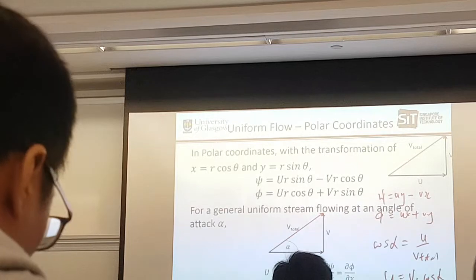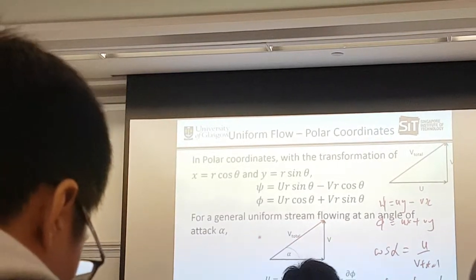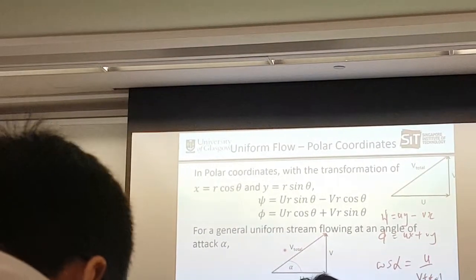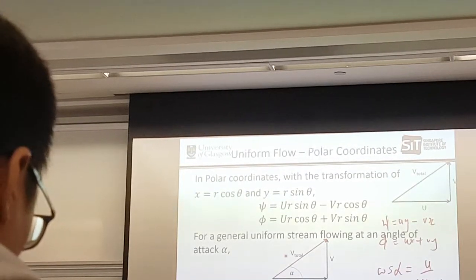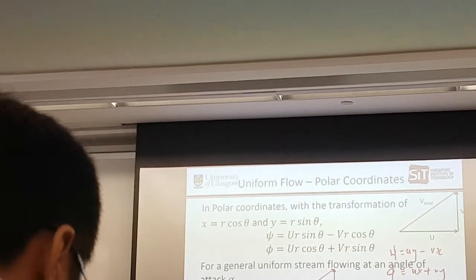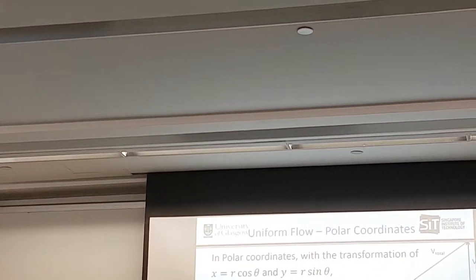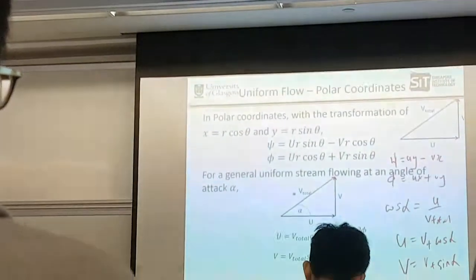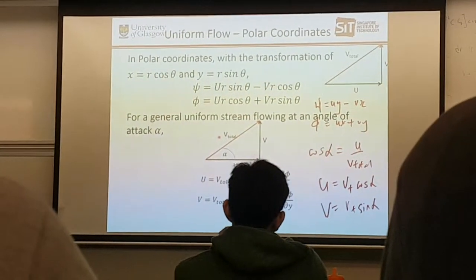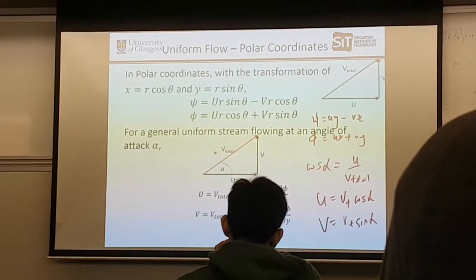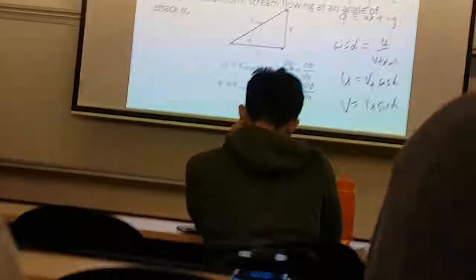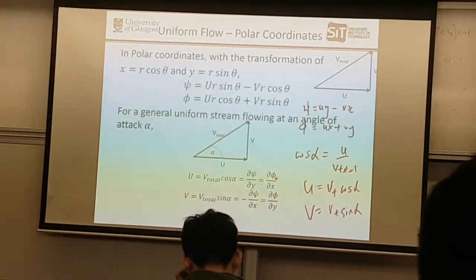Okay, so what I'm trying to do here for you is to change a uniform flow from Cartesian to polar coordinates. The definition for u and v in terms of stream function and velocity potential will never change.